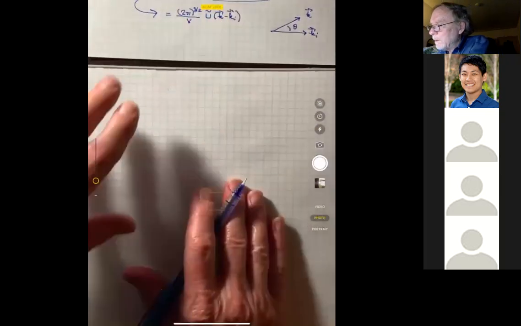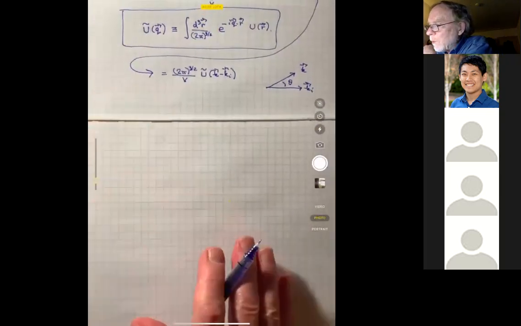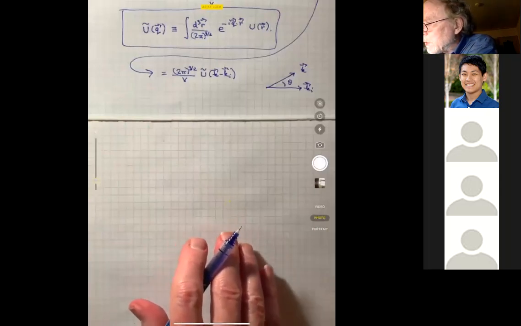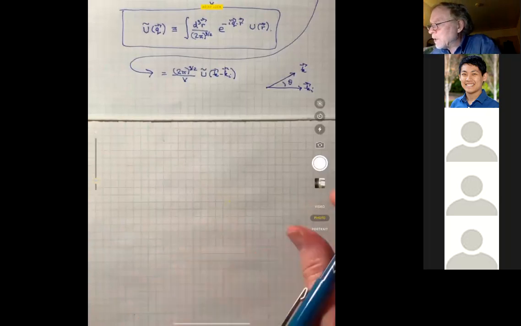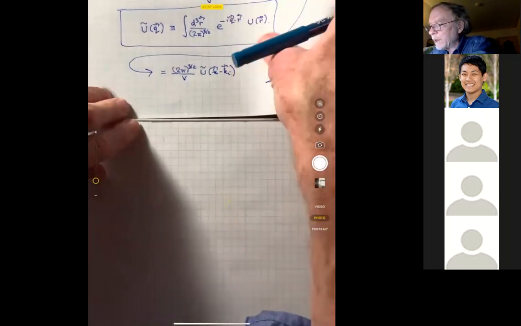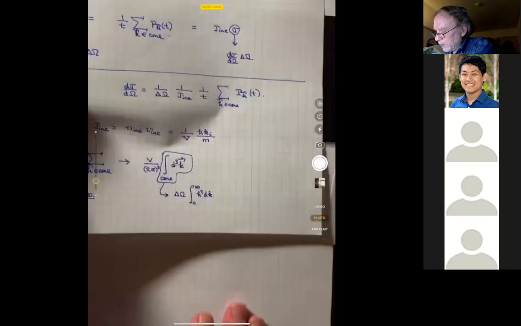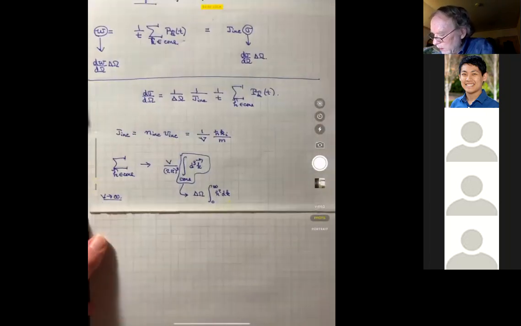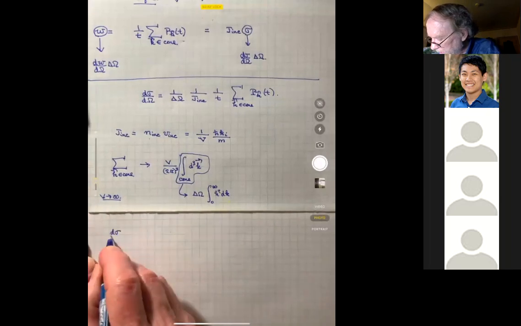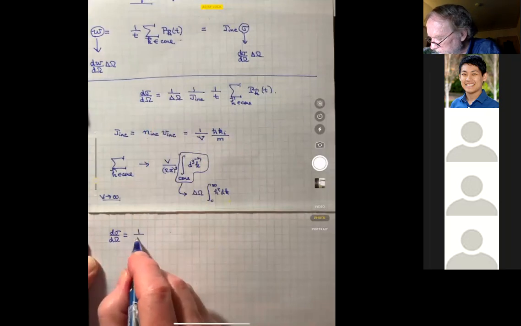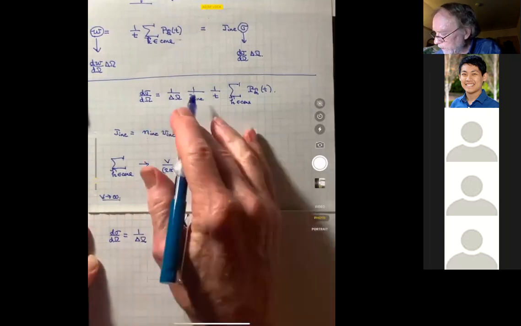Okay, now I think I've got together all the details that we need to assemble everything, but the pieces are scattered. So let's see if I have time to do it. Go back here. I've got d sigma d omega equals 1 over delta omega, times 1 over J incident.